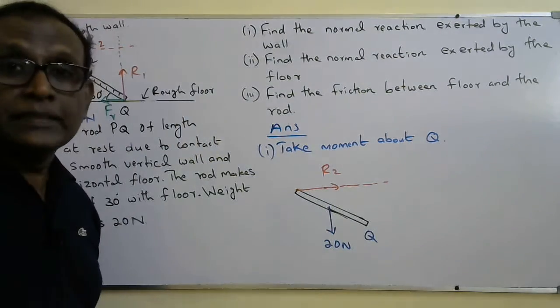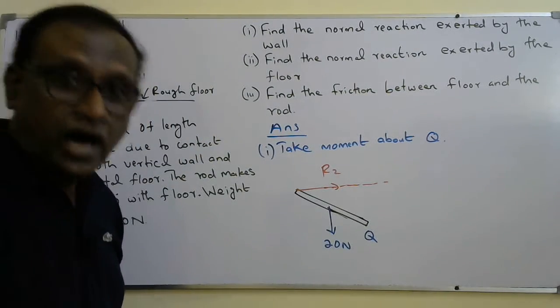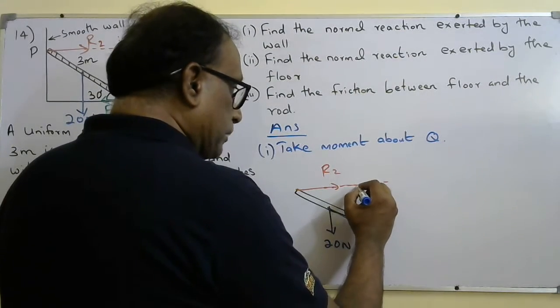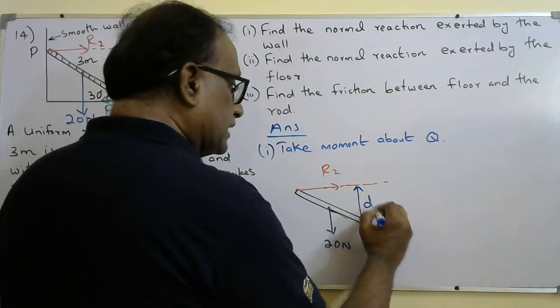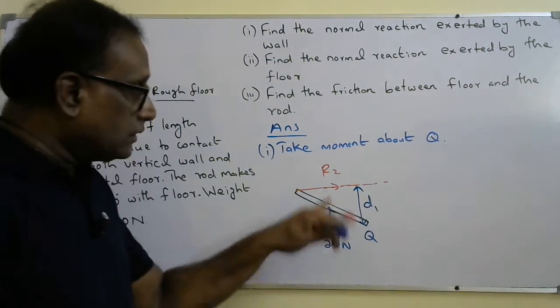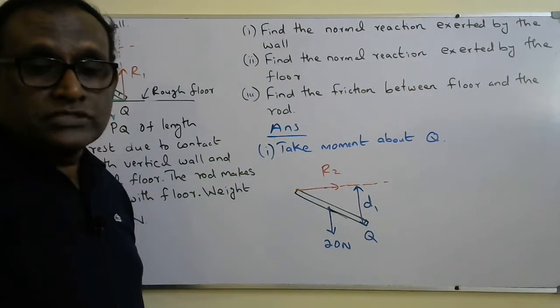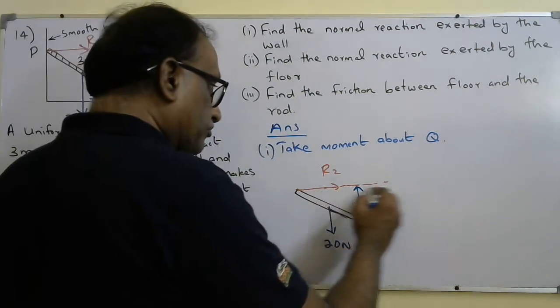So I should consider the perpendicular distance from Q to the line of action of R2. This is the perpendicular distance I need to consider when I take moment of R2 about Q. Moment is force into the perpendicular distance to the line of action of the force.